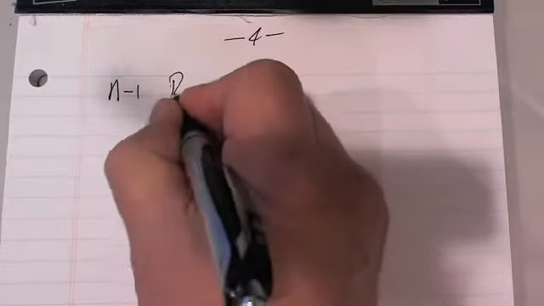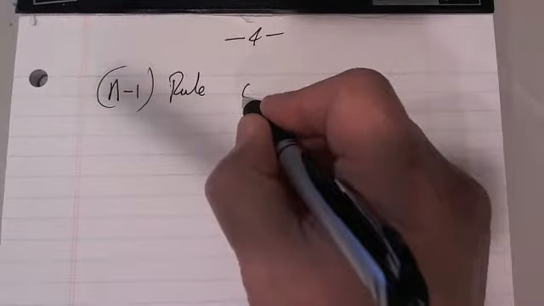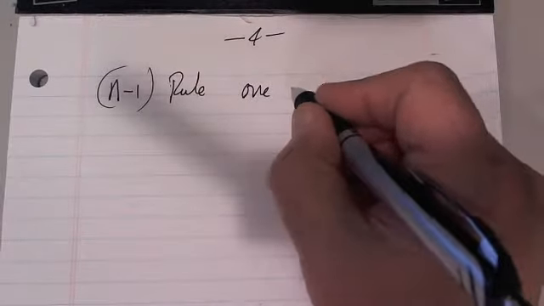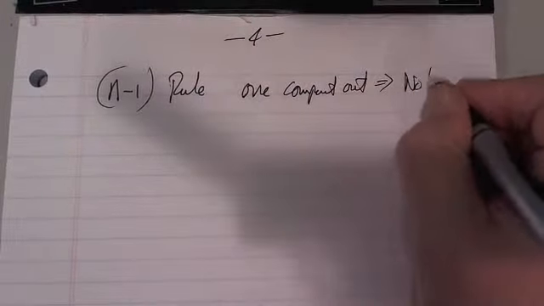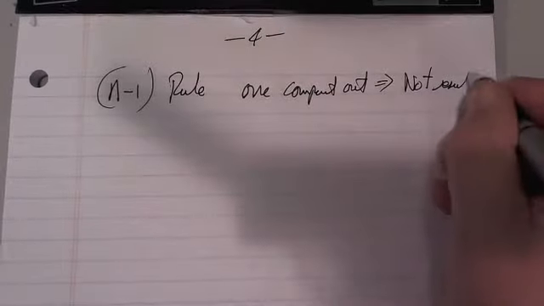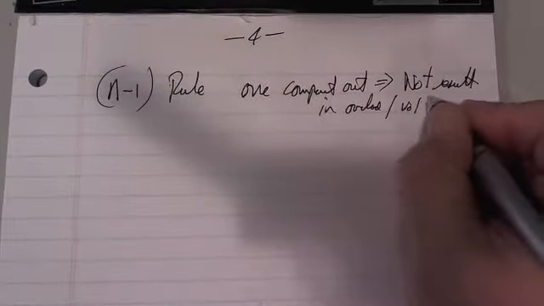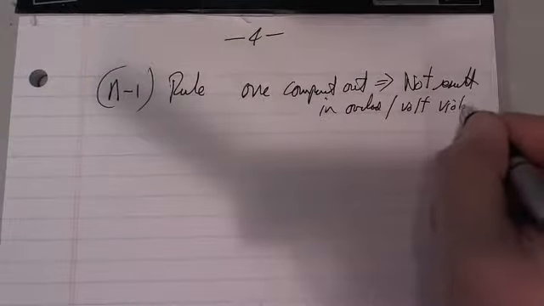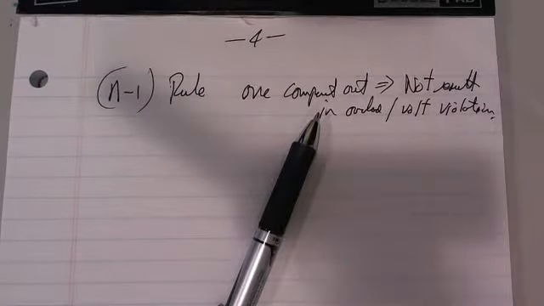It simply says, N-1 rule, and that is that one component out will not result in an overload or a voltage violation. Okay, and similarly for a generator.